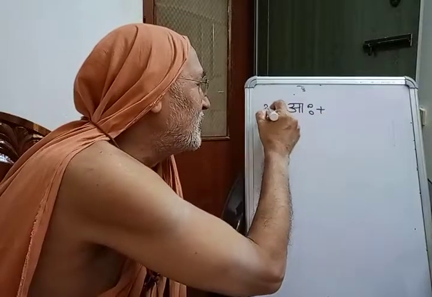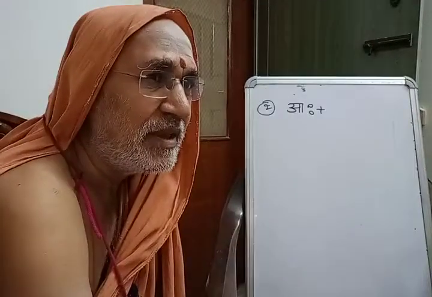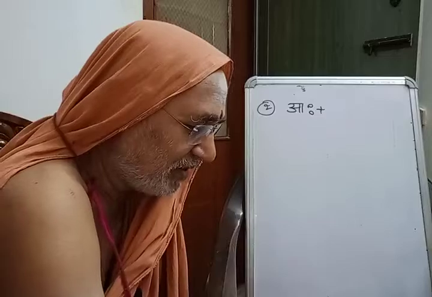Now the second rule of Visarga. In this there are two, A and B, but only A I'll teach, because B is a little complicated; I'll tell tomorrow, or when it comes.